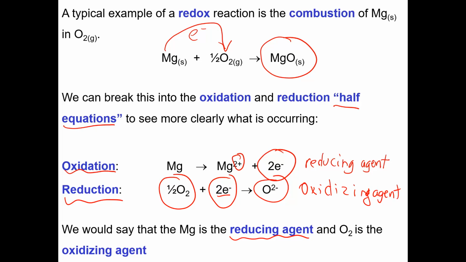And that's a pattern that we'll see in every case. The reactant that is undergoing oxidation is the reducing agent because it provides the electrons that result in the other reactant being reduced, and the reactant that undergoes reduction is the oxidizing agent because it takes electrons from the other reactant, causing it to become oxidized. And that can be a little bit confusing at first, and we'll mention it a couple of times just to make sure that the point is driven home.